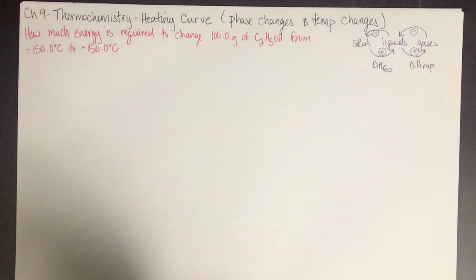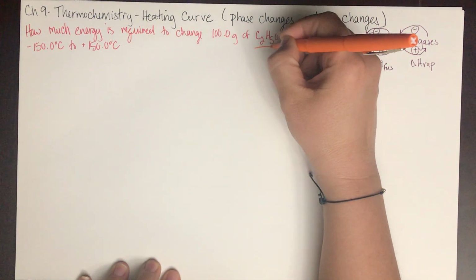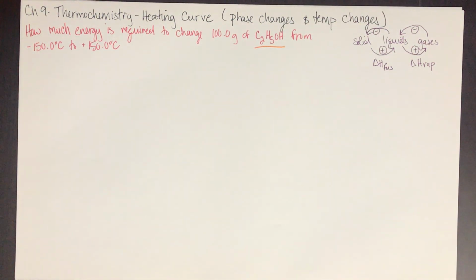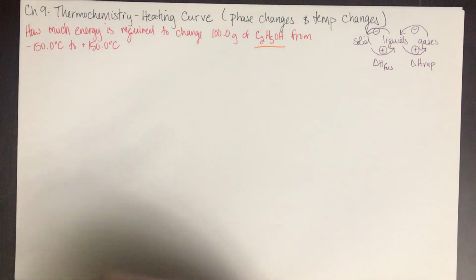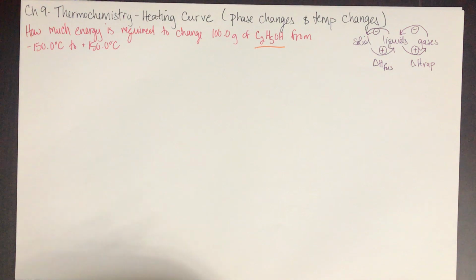So before we can do anything, there is a lot of information that we need, and it all is going to be specific to ethanol. So I'm just going to write that down for you, and then you would be able to look this up if this was a SmartWorks problem and they were asking you about some other specific substance. You would use these points specific to whatever substance you're using.